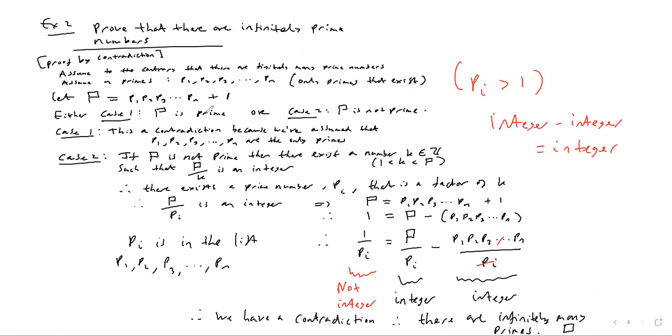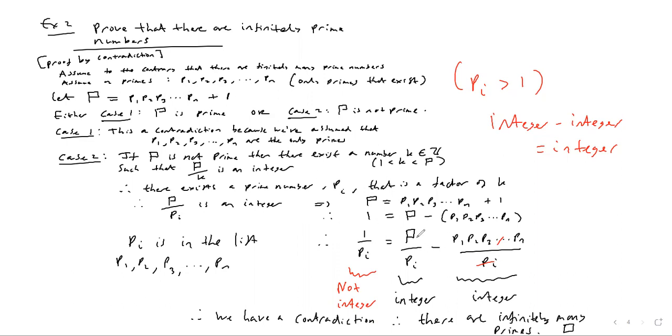So again, another proof by contradiction example, where you assume to the contrary that there are a finite number of prime numbers. Then you look at two cases for this capital P: you multiply all your primes together and add 1. Either that's a prime number, in which case you've contradicted your assumption, or capital P is not prime, and then you can find a prime number from the list P1 up to Pn that goes into capital P. This prime number Pi must be in the list P1, P2 up to Pn.